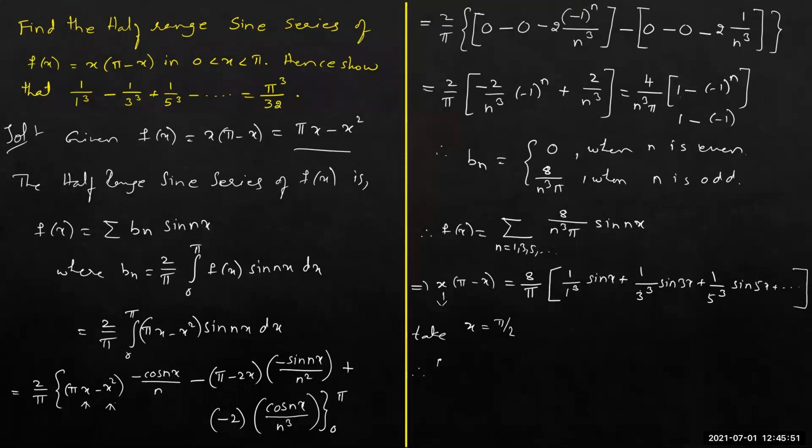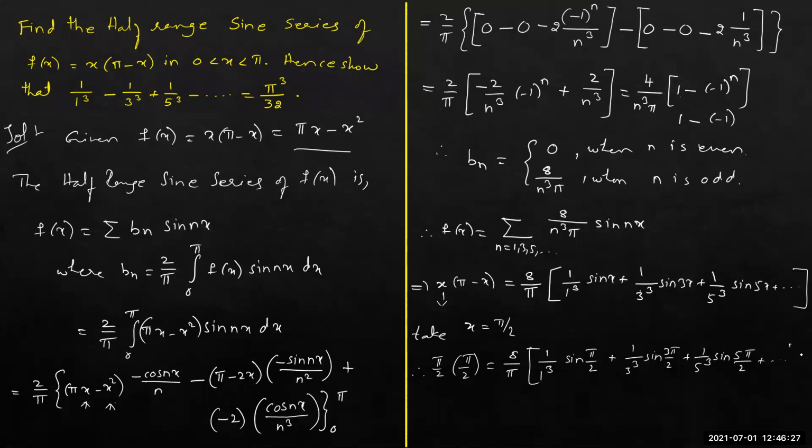So what you'll get is pi by 2 into pi by 2 is equal to 8 by pi into, when you substitute here, 1 by 1 cube into, I'm just writing it for your convenience, sine pi by 2, then plus 1 by 3 cube into sine 3 pi by 2, plus 1 by 5 cube into sine 5 pi by 2 and so on.